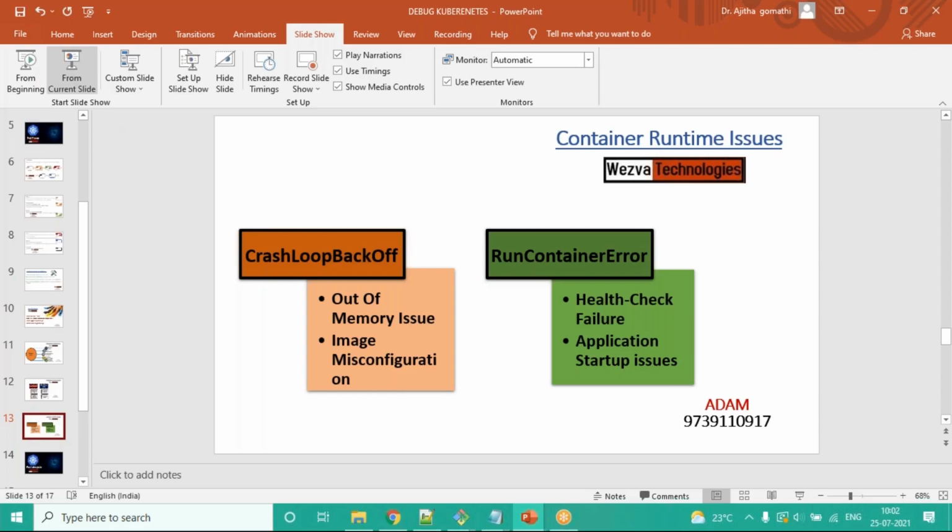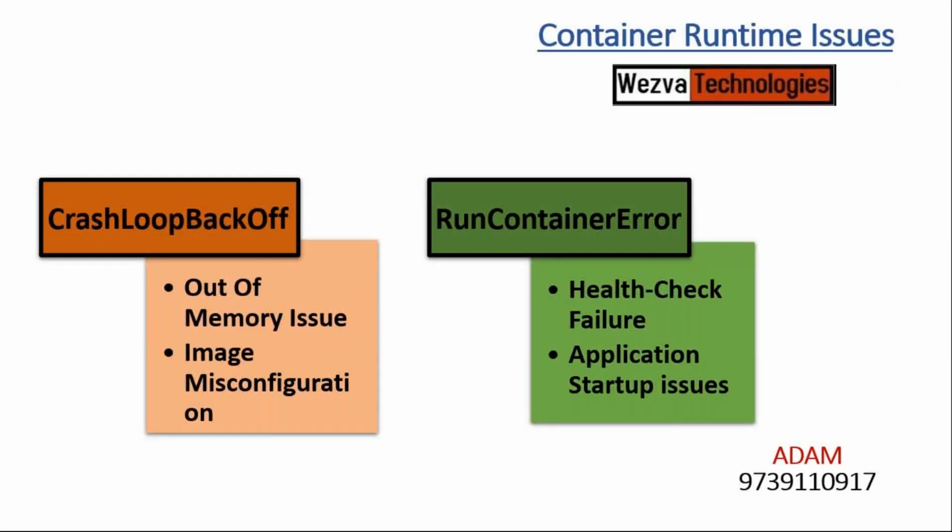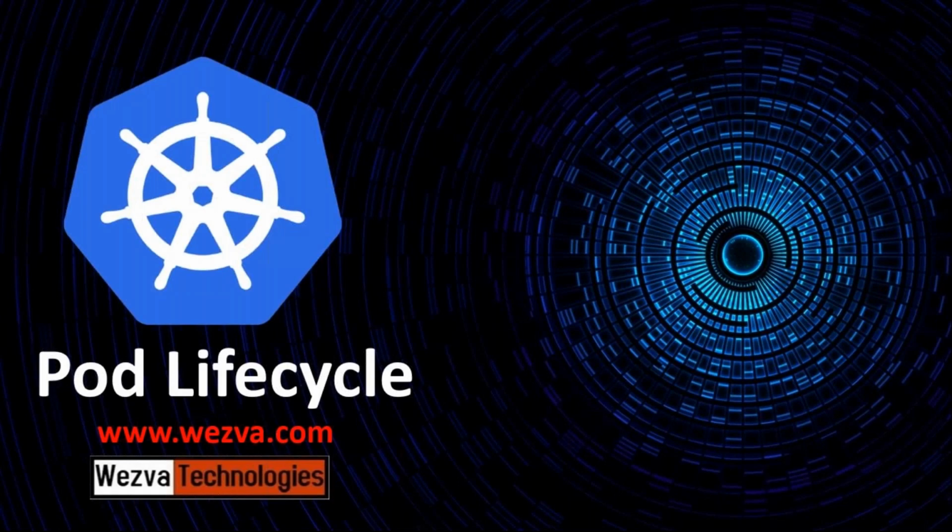Now, pretty much we were trying to see some kinds of errors, but these are not the only ones, because another most important thing that we need to know is the life cycle of a pod. What have we seen so far? We have seen the different phases of a pod, how it gets created and how it gets deleted.